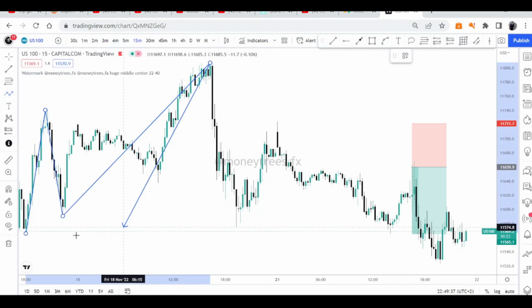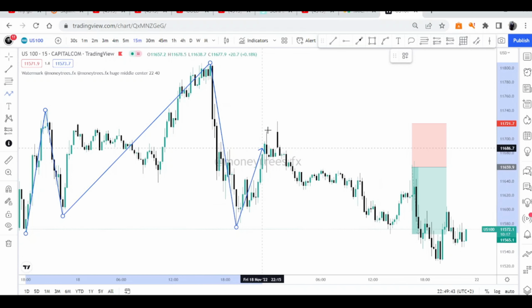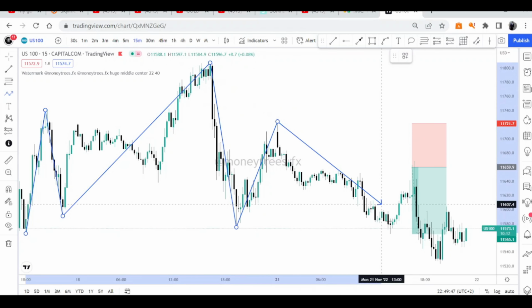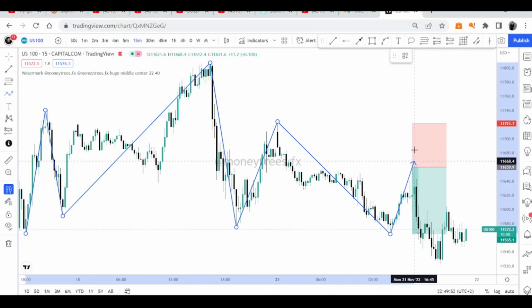We have a high, break of market structure. We had a retracement inside of the 50%. Another break of structure, a retracement, and finally the last break of structure, right?